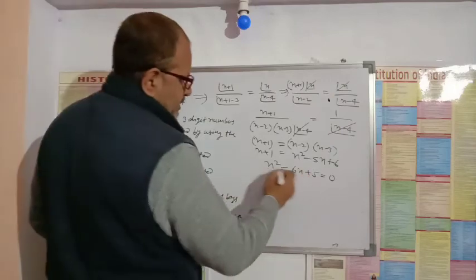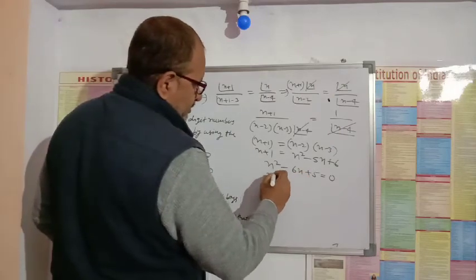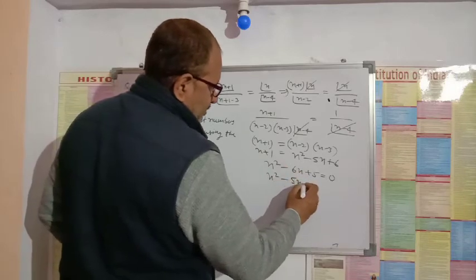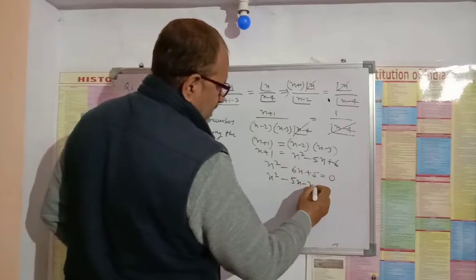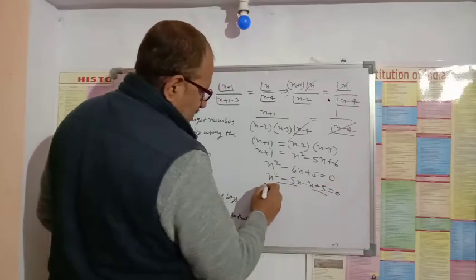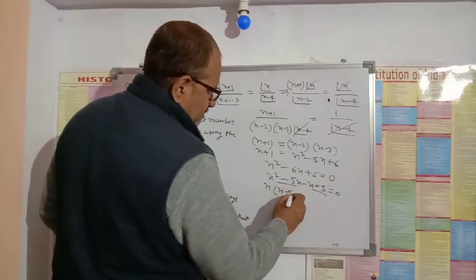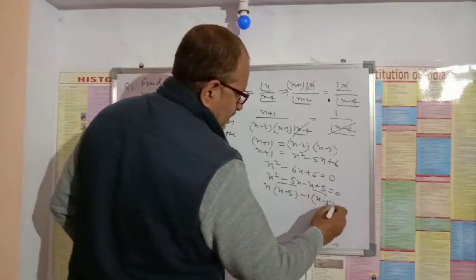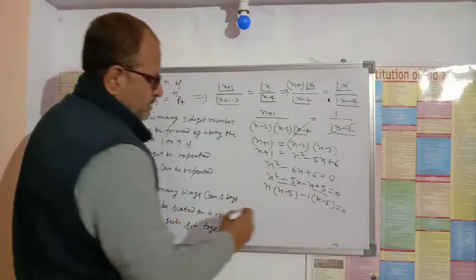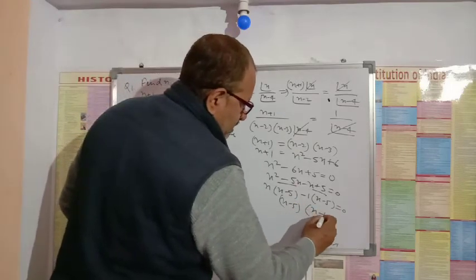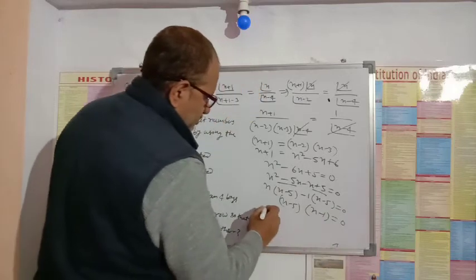Now factorize it by splitting the middle term. n square, 5 times 1, 5 plus 1 is 6, minus 5n minus n plus 5 is 0. n is common, n minus 5, minus 1 common, n minus 5 is equal to 0. So n minus 5 is common in both and n minus 1 is equal to 0.